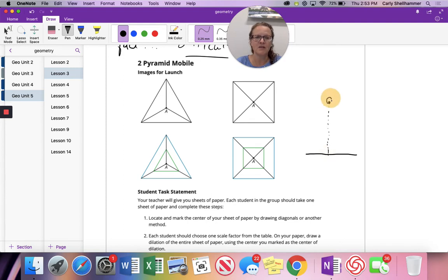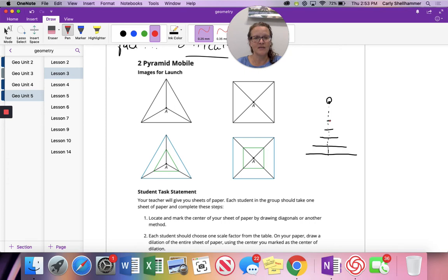You have a little hook that you can hang something from, and it's centered. And then you have scaled down shapes that would look like that. So each layer is a scale factor of the layer before it or after it.